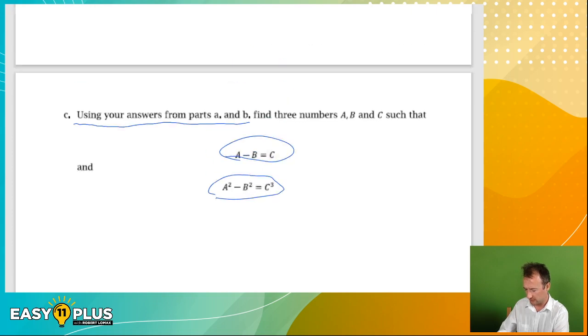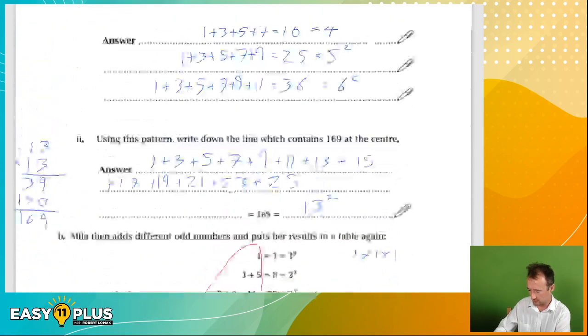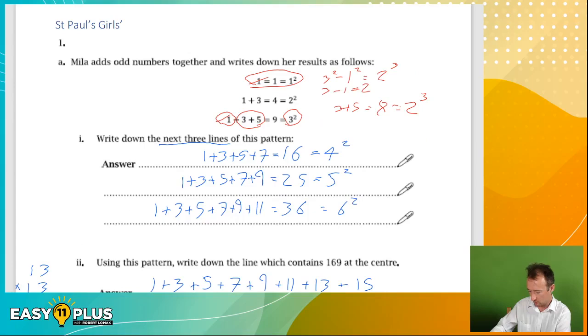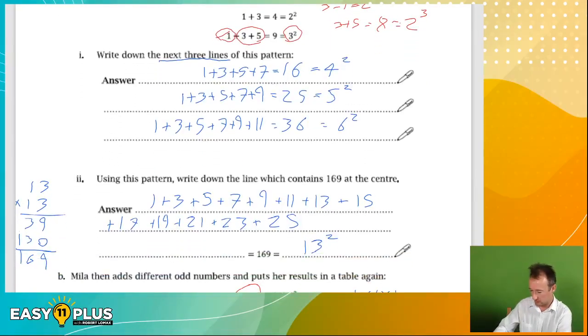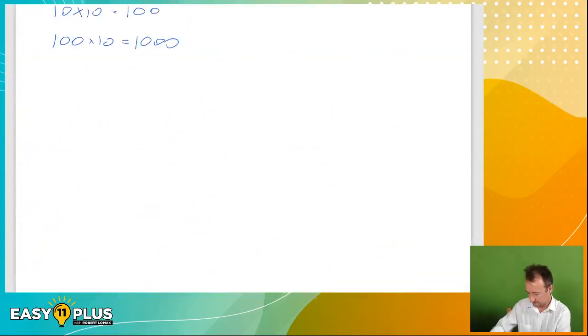So we know that, in fact, I need to check back up there again because I've forgotten. Talking and remembering at the same time, not my forte. Okay, 1 plus 3 plus 5. So yeah, 3 squared minus 1 squared. Got it?